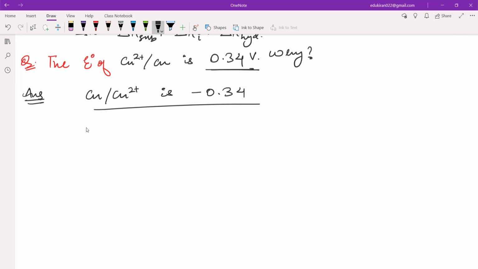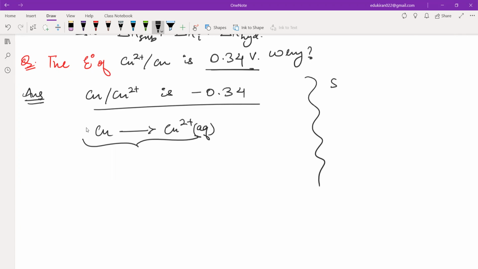Okay. Now, if it is minus 0.34, then what can I say about this reaction? Will it happen easily or not? Yes, sir. It will happen easily. No, you forgot electrochemistry. If SRP is positive, then what does it mean? Reduction is easy, that means reduction is spontaneous.